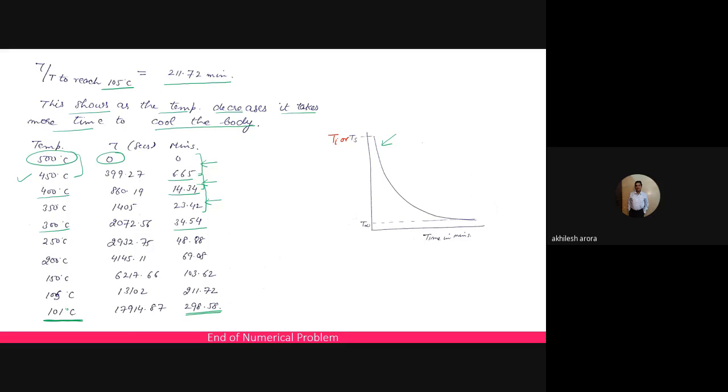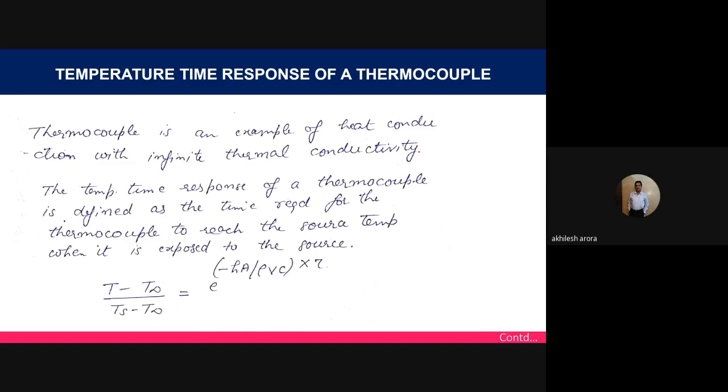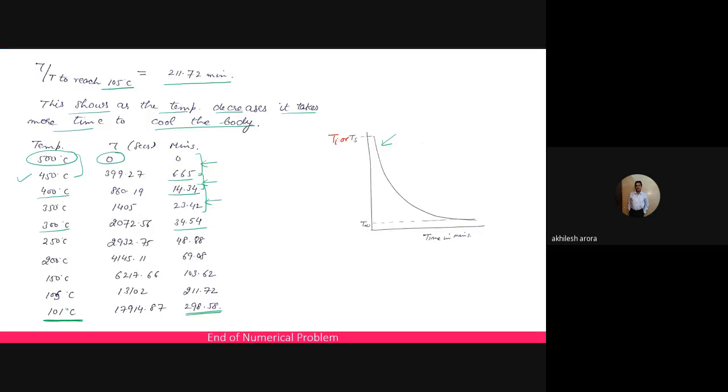Now I am going to discuss the temperature time response of a thermocouple. As you have seen, if a body at a high temperature is taking 298 minutes to cool, and the thermocouple is also sensing the temperature of a varying fluid, it won't be able to measure this temperature correctly, because it may be taking a large time.